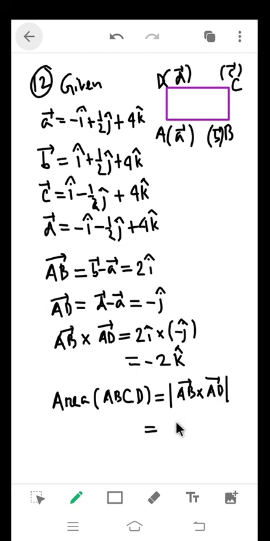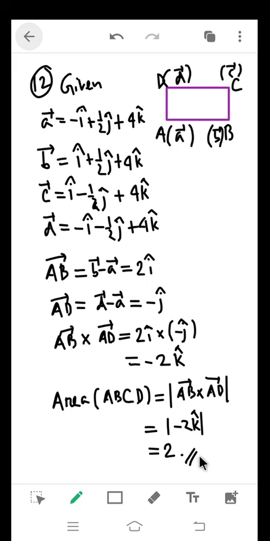So equal to how much? Modulus of minus 2k. तो minus 2k का modulus क्या होगा? 2 होगा. So that is the area of this rectangle.